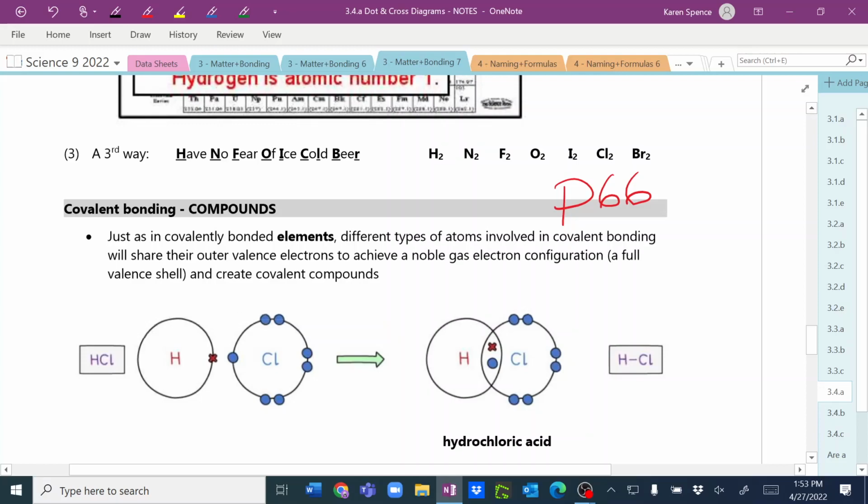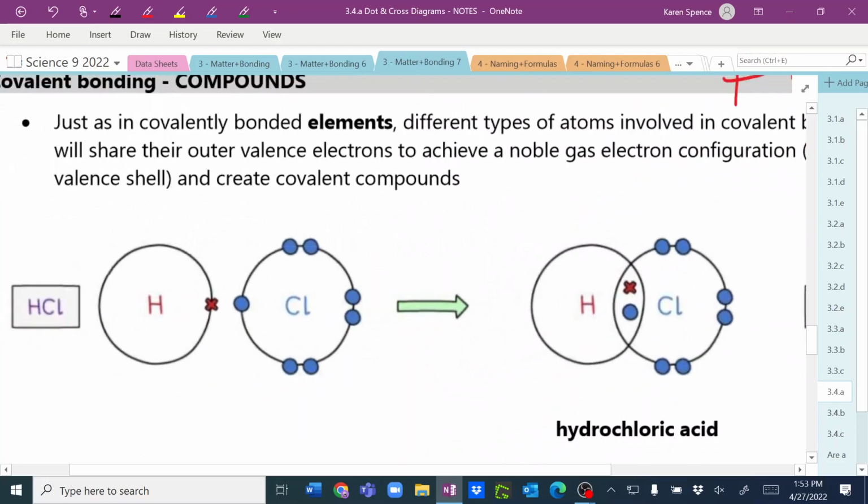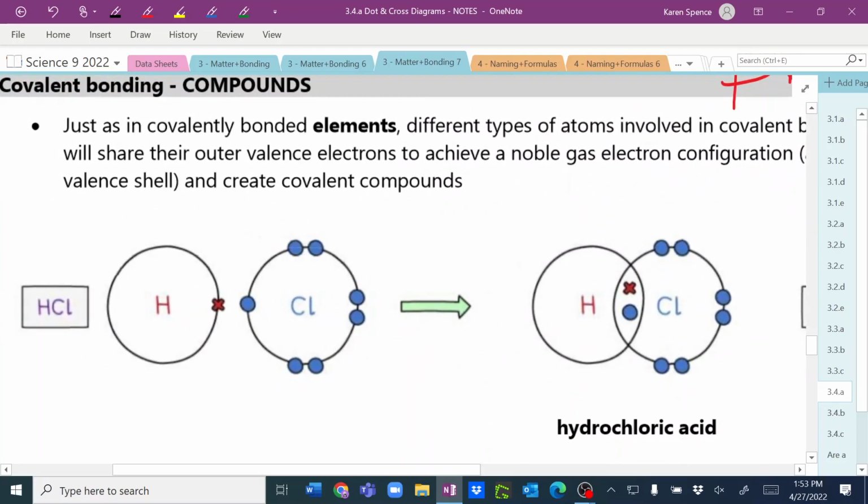So you can see here we've got hydrogen and chlorine. For chlorine, we've used the dots. It's got an empty slot right there. And hydrogen, which needs only 2, has an empty slot there.